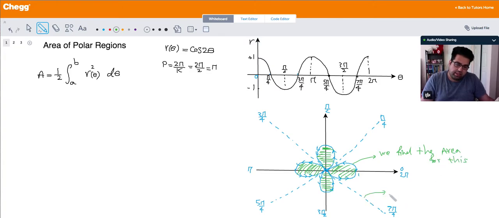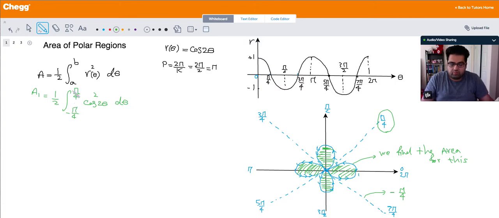If you notice, we can actually look at it as negative pi over 4 to pi over 4. So A1, I'm going to call it A1, is 1/2 integral from negative pi over 4 to pi over 4 of cosine 2 theta squared d theta. Now what we can do is write this using a double angle.